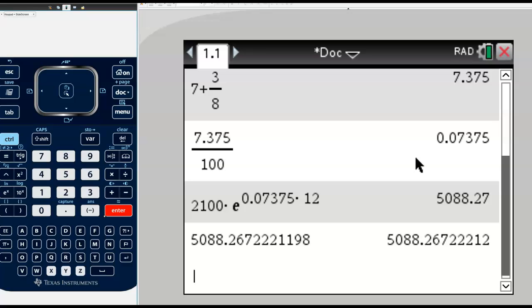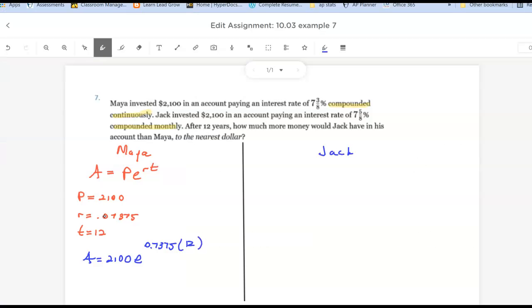When you write out your answer, go to at least 4 decimal places. So her total amount so far is $5,088.2672. Don't round yet.